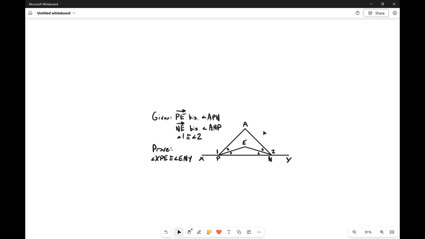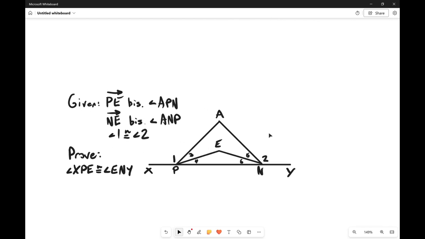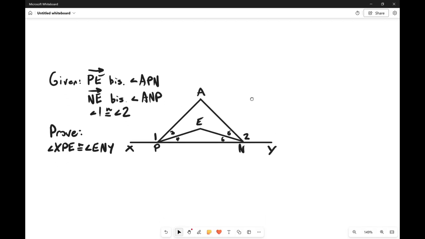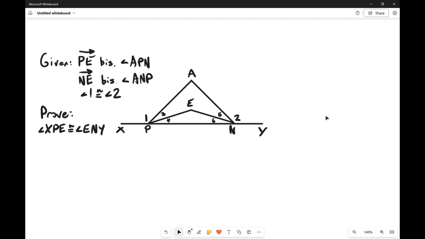And then here is our final one. This was the extra credit proof that I mentioned, and it is a little tricky. I think in the end it'll have like 6 steps, but it's important to know how to do all these things. The very first thing I want you to notice is it doesn't always say it, but there is a straight line in this diagram, and there are angles that look like this.